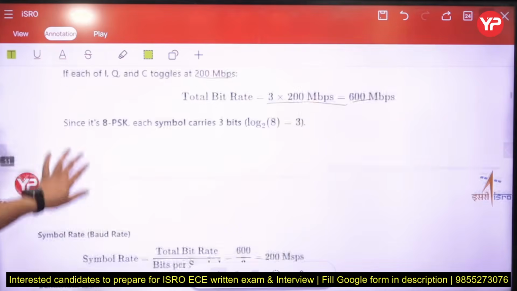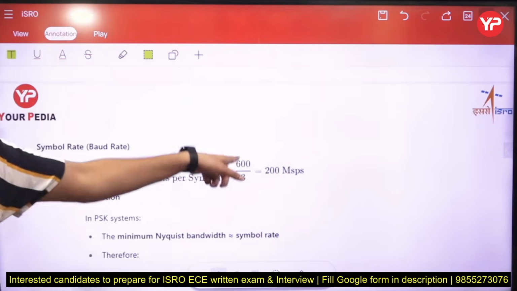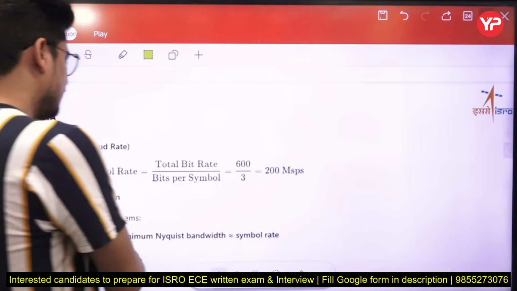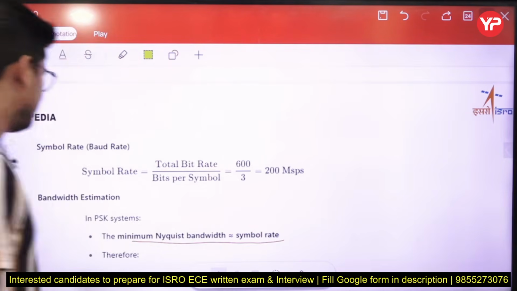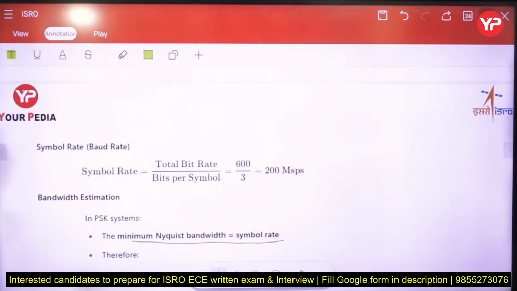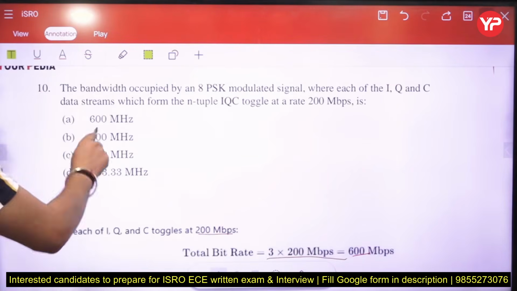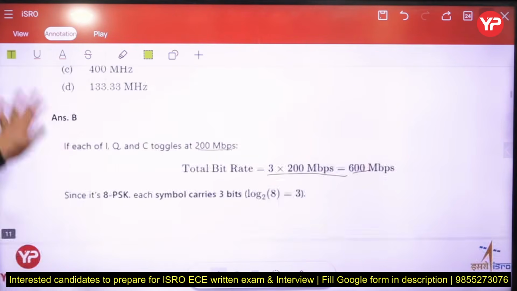So the symbol rate will be 600 by 3, 200, and the minimum bandwidth of a PSK signal equals the symbol rate. So that will be 200 MHz, right? Answer will be B here.